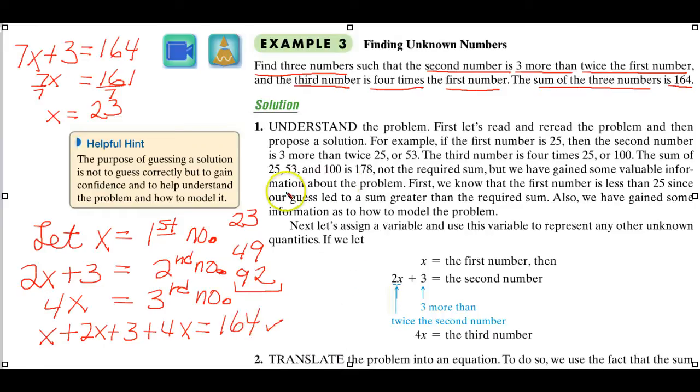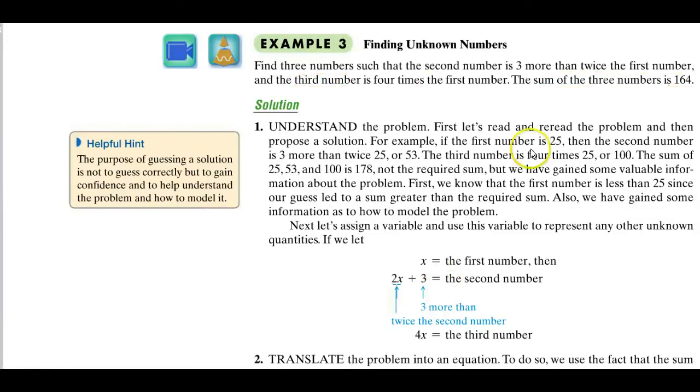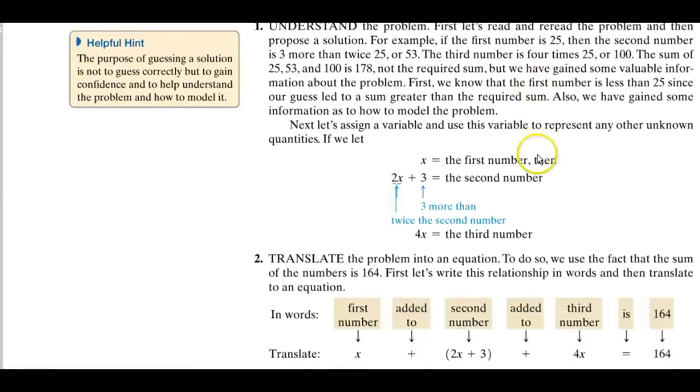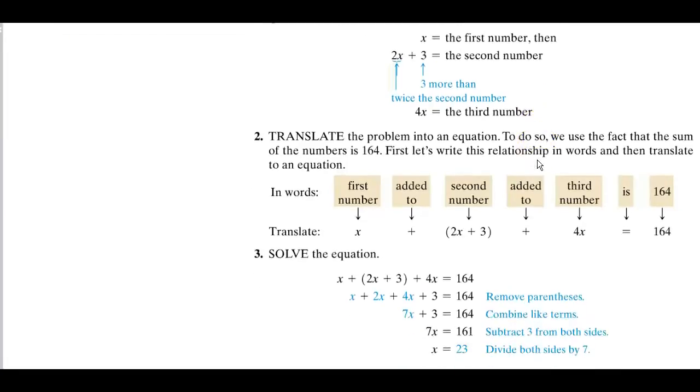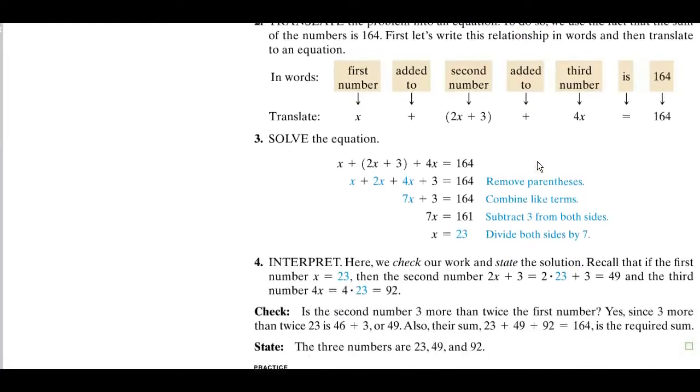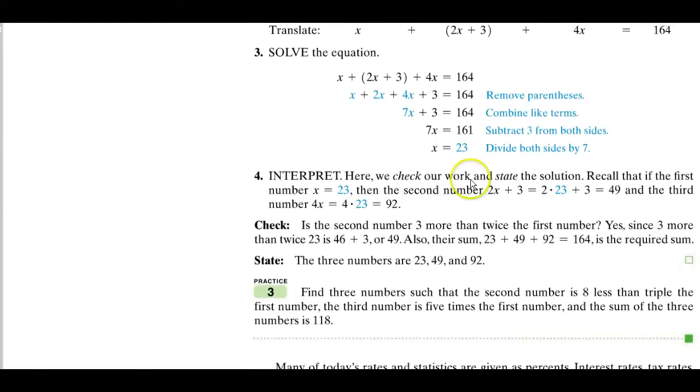And that is the solution then of example 3. And your textbook will take you through this as well. And we'll just scroll. And then we get our solution. So if the first number is 23, we then found our other numbers. And remember, they've asked for what are all 3 numbers. So you have to include all of them in your answer.